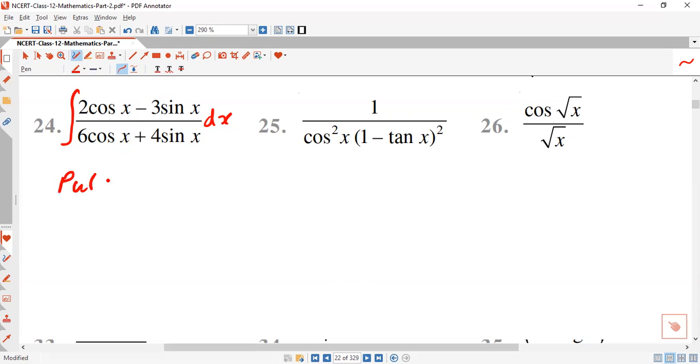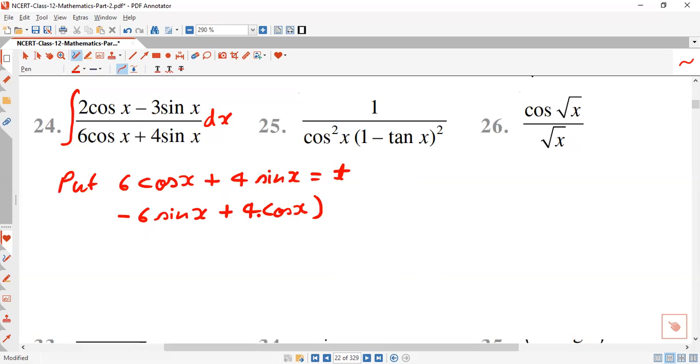Put 6 cos x plus 4 sin x equal to t. So this becomes what? Differentiation: minus 6 sin x plus 4 cos x, whole multiplied by dx, will be equal to dt.